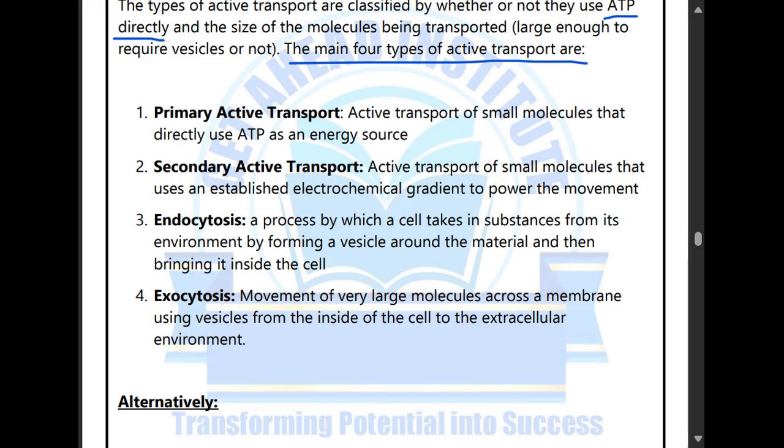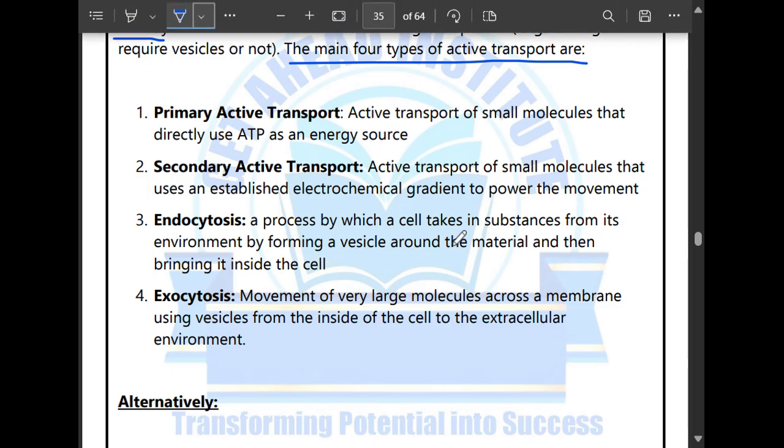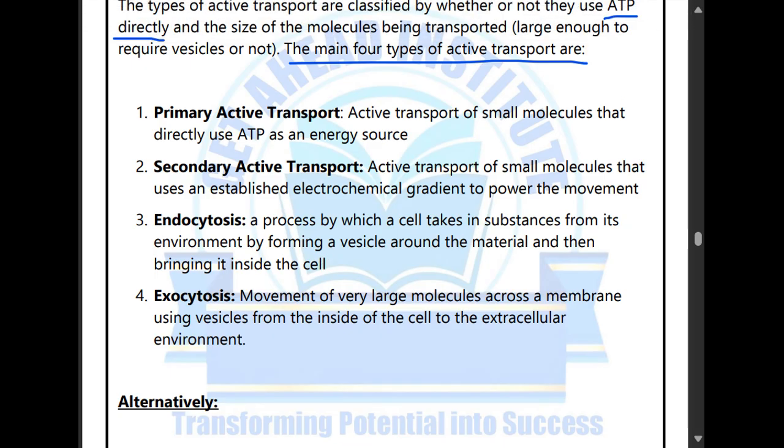Endocytosis is a process by which a cell takes in substances from its environment, forming a vesicle around the material and bringing that vesicle inside the cell. Then we also have exocytosis, which is the movement of very large molecules across the cell membrane using vesicles from the inside of the cell to the extracellular environment.